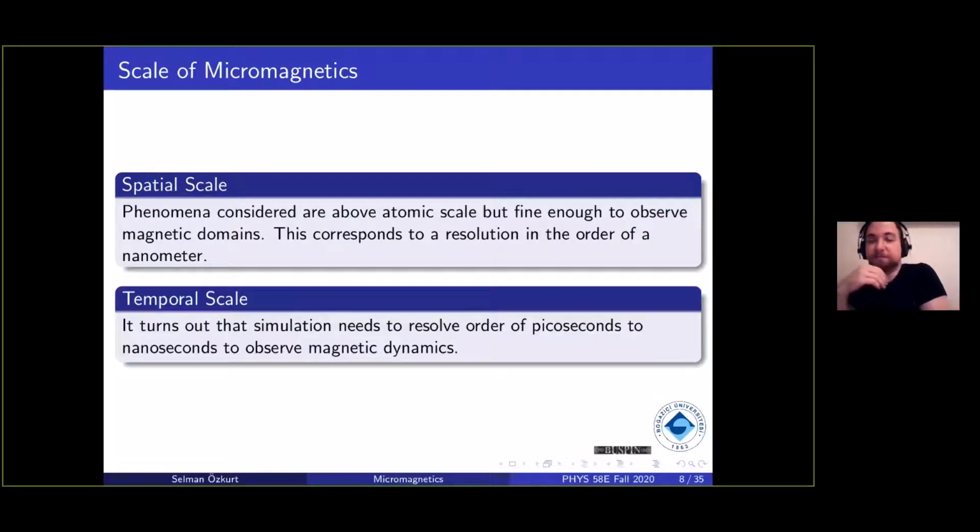But their evolution in time is quite fast, and we observe, for example, around 10 gigahertz signals from such dynamic behavior of ferromagnetic systems. And we need to resolve from nanoseconds to picoseconds, depending on what exactly we want to find out in micromagnetics.